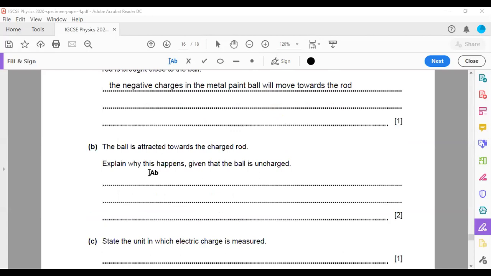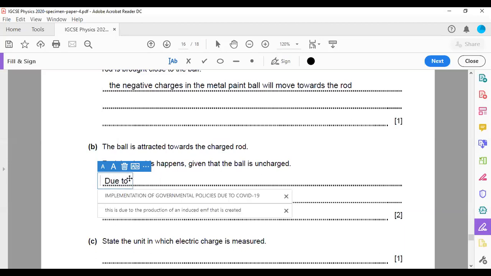They say the ball is attracted towards the charged rod. Explain why this happens given that the ball is uncharged. Remember, I just talked about it: because of the charges, they tend to attract each other.